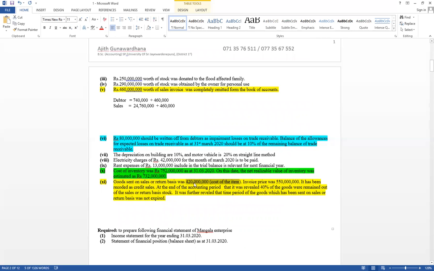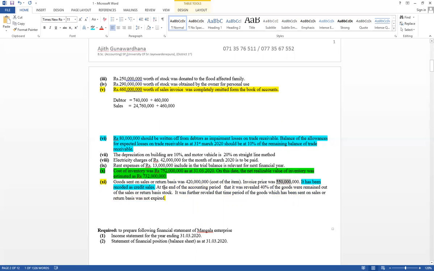This one is very important. It has been recorded as a credit sale. Already recorded as a credit sale. This part is very important. It means debtors account debit, sales account credit, and the invoice price value is included in debtors and sales.